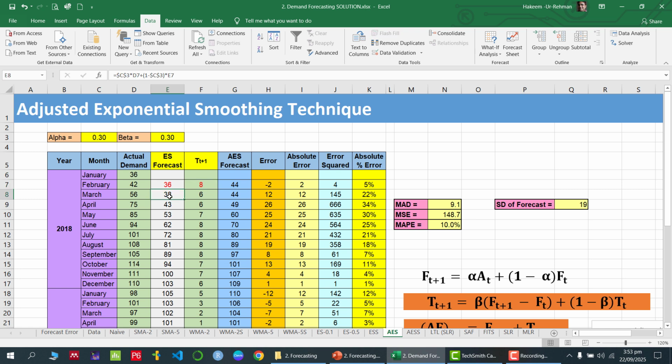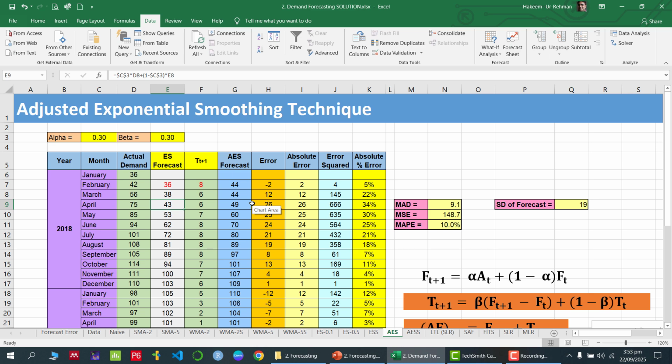In order to apply simple exponential smoothing, we enter equals alpha times the last time period's actual demand, which was 42, plus 1 minus alpha, which is 0.7, multiplied by the forecasted value of the last period, which is 36.